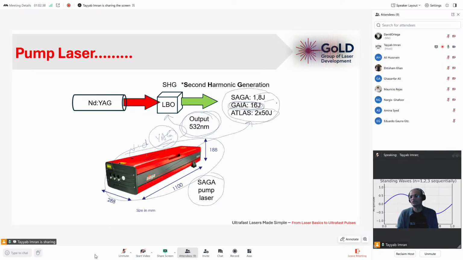These are just two examples. But anyway, the purpose of this slide is to show that this LBO crystal is used to convert the Nd:YAG's actual wavelength, the first harmonic, to the second harmonic, which is the green one.